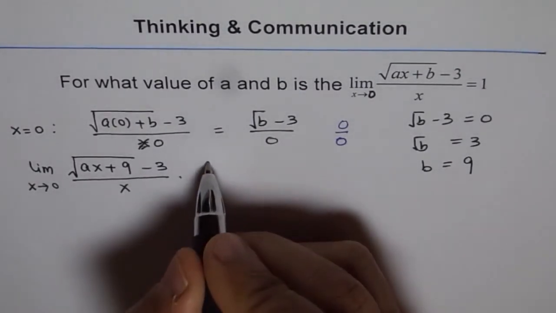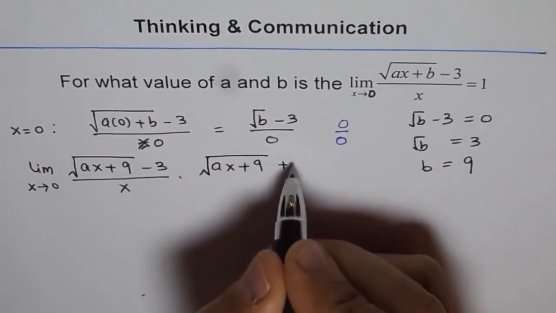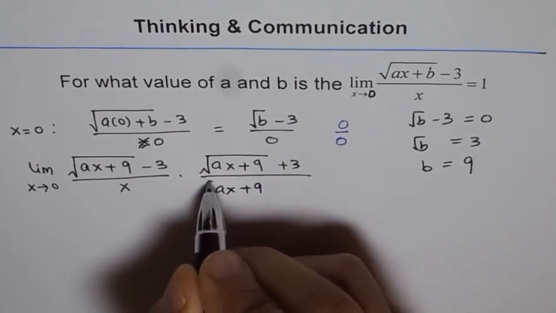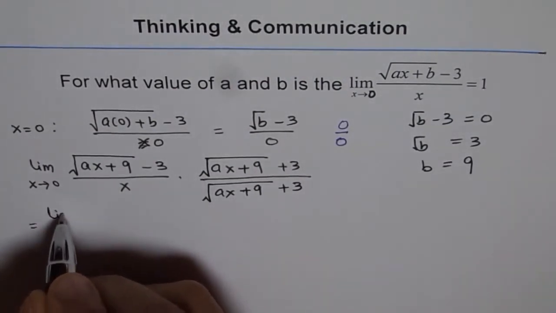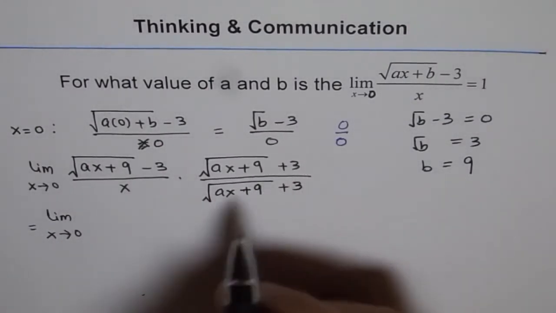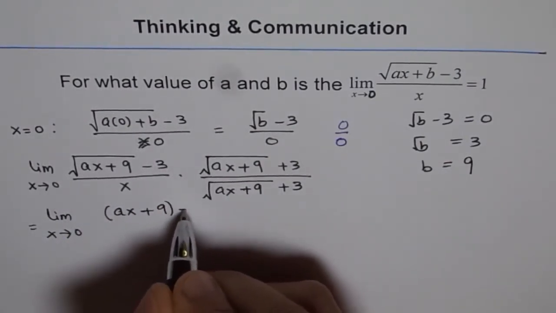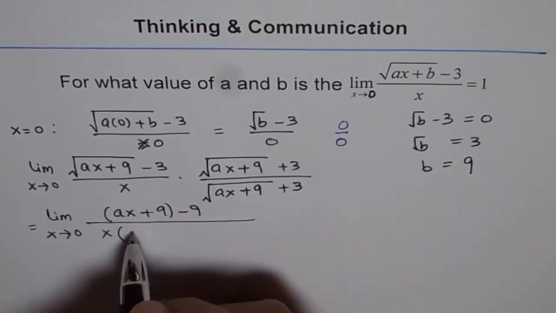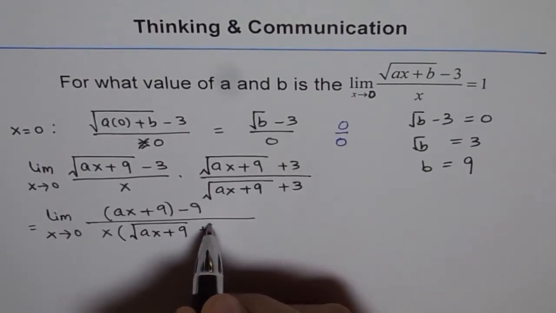So we'll multiply and divide by square root of ax plus 9 plus 3. That gives us the limit as x approaches 0. The numerator becomes a square minus b square, that is, ax plus 9 minus 9, and the denominator is x times square root of ax plus 9 plus 3.